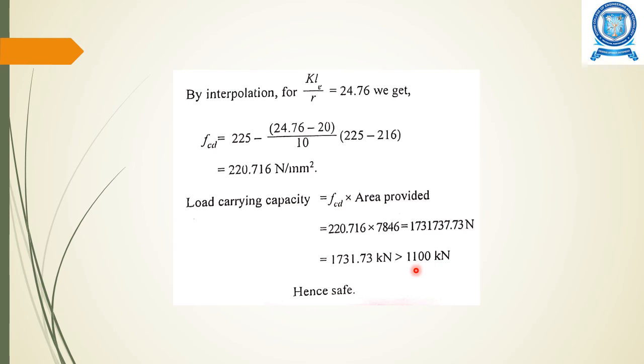In case the load is higher than the load carrying capacity, we have to redesign the section by increasing the FCD value and trying another section. When the section capacity is greater than the actual load, we conclude it is safe.